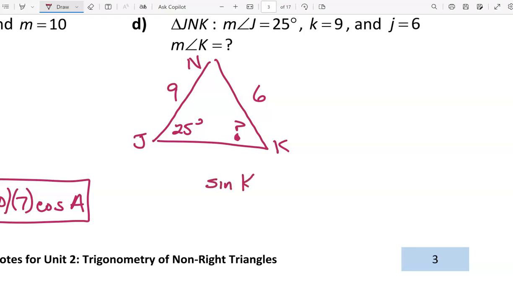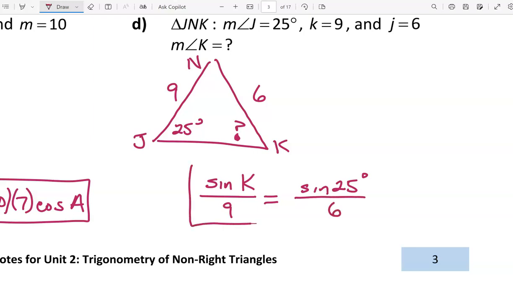Sine of angle K divided by the length of the side opposite equals the sine of angle J, which is 25 degrees, so I'll just write in 25 there, over the length of the side opposite, so over 6.